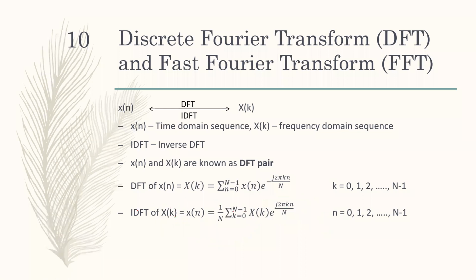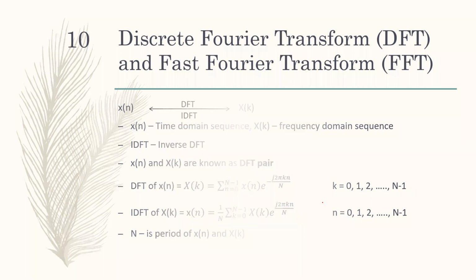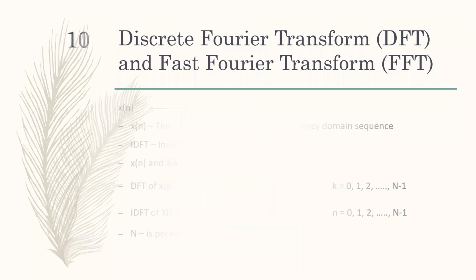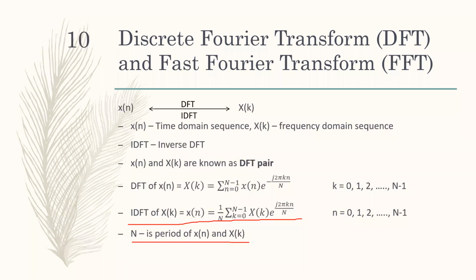So in order to obtain the inverse Fourier transform, this is the equation we use. Here N is the period of x of n and X of k, as we discussed.